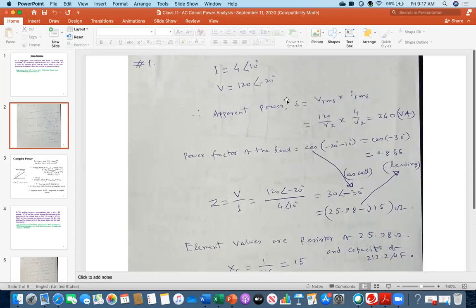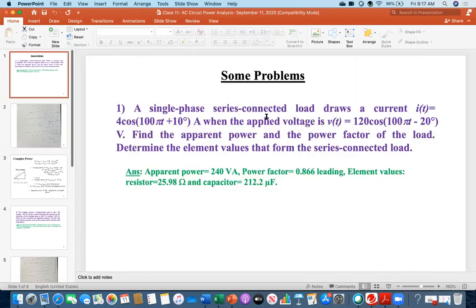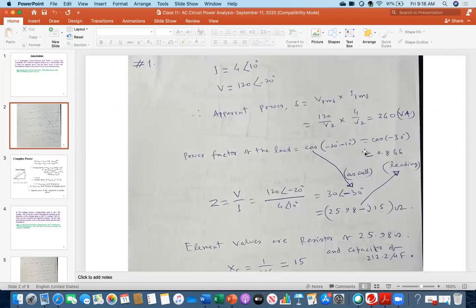But everybody see, these quantities 4 and 120 were originally the magnitude or the amplitude. In the current expression, 4 was the amplitude or the peak. Similarly, for voltage, 120 was the peak or amplitude. 120 is not the RMS value, and similarly this 4 is not the RMS current. But in my definition, I need the RMS.